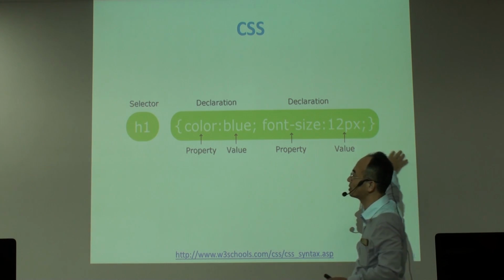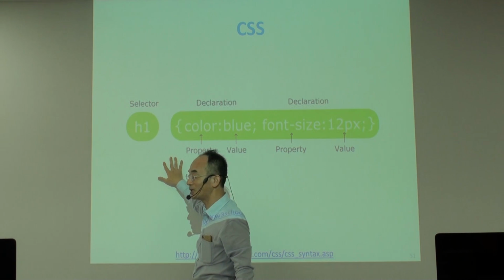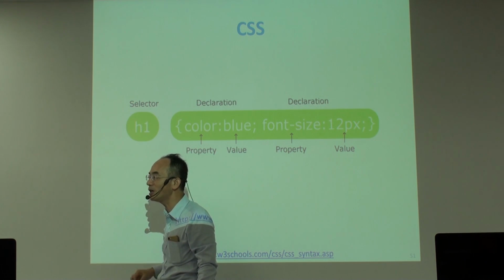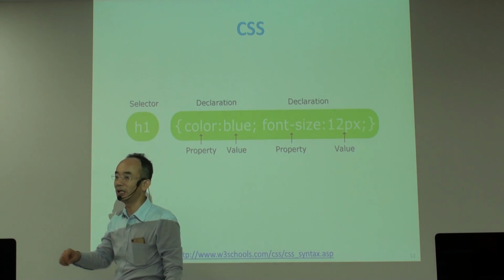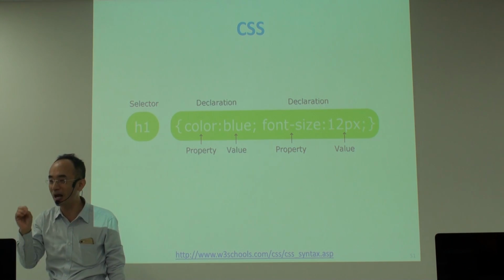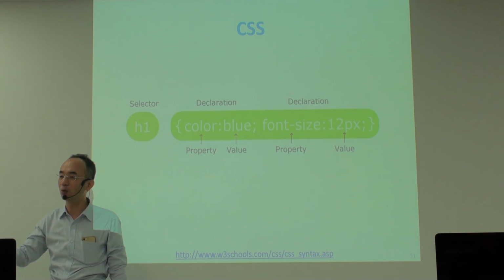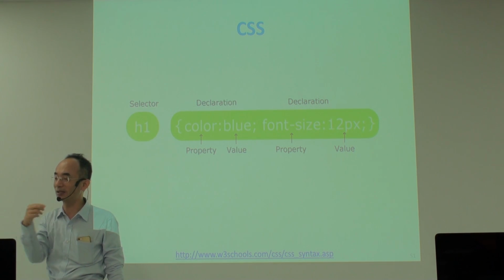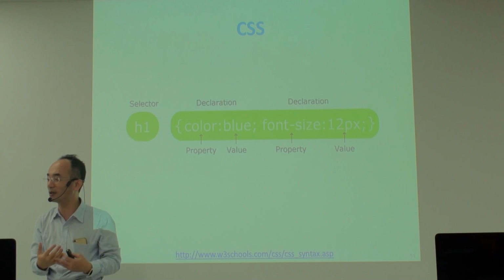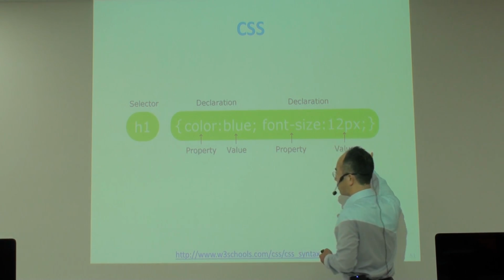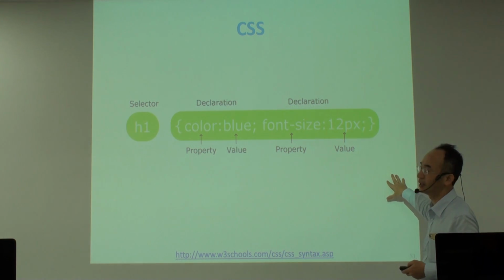So these are selectors. Please notice here, selectors play a very important role in modern web app design patterns. Most of the time, we specify the selectors and change the user behavior in our web design.